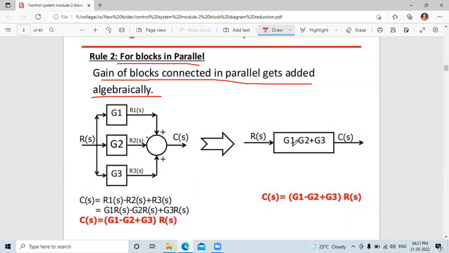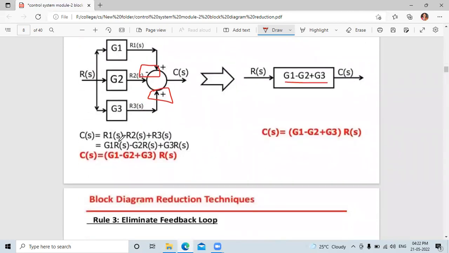G1 minus, because here a minus is there, G2, plus is there here, G3. So G1 minus G2 plus G3. This is what we can write here: R1(s) minus R2(s) plus R3(s).